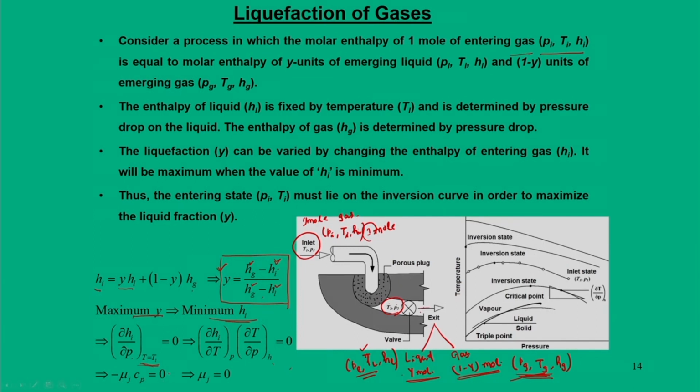Now, Cp for this gas cannot be 0, so one condition you must have is that mu_J should be 0. So, in other words, in order to liquefy the maximum quantity, the initial state should be fixed at conditions where mu_J is equal to 0. So, this is the starting point.